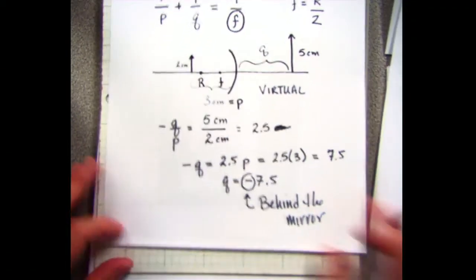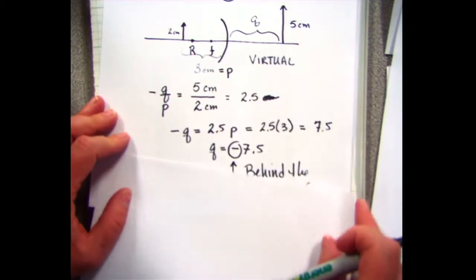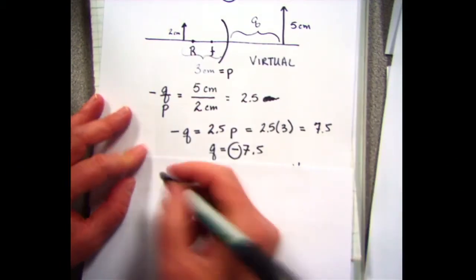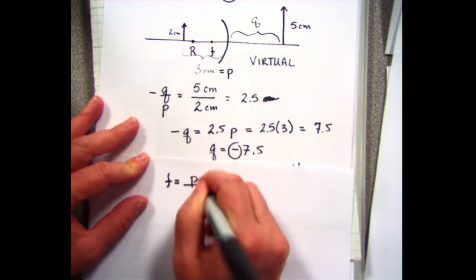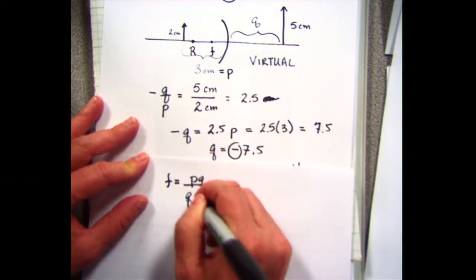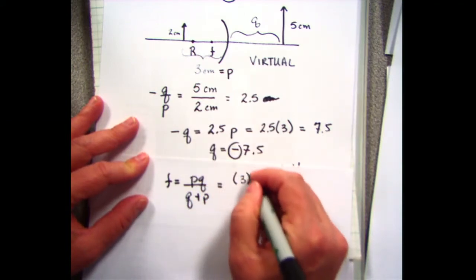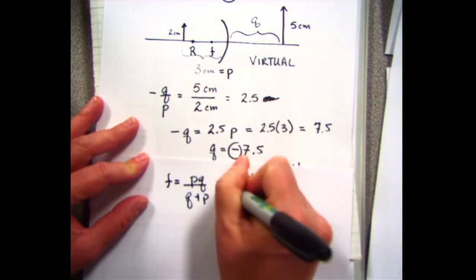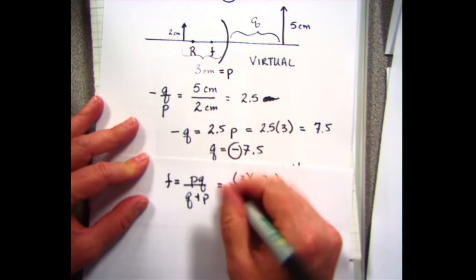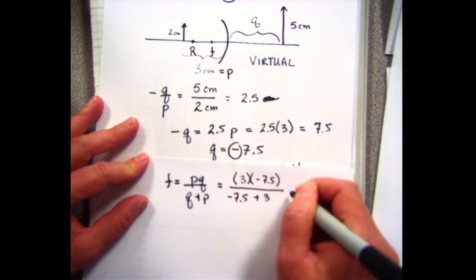So if I want to solve for F, I'm going to hold all this stuff up here. Let's see if I can keep my picture in, there we go. Now I've got F is equal to PQ over Q plus P. Now I put my P in, my P was 3 centimeters, my Q is a negative 7.5, over negative 7.5 plus 3.